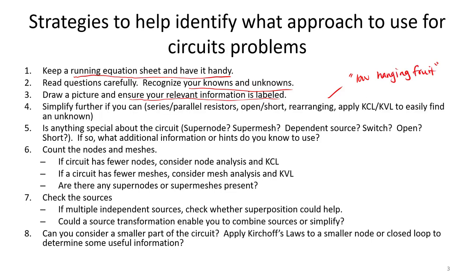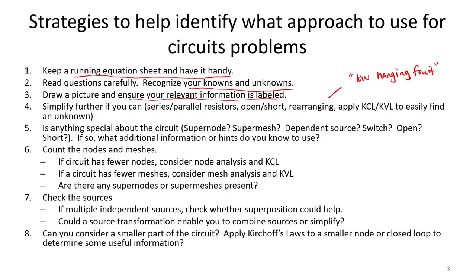Because these are kind of easy bits of information, easy unknowns that we can solve for to make our life easier. So if you do see something in your problem that you can quickly and easily determine, might be a good idea to go ahead and simplify further.